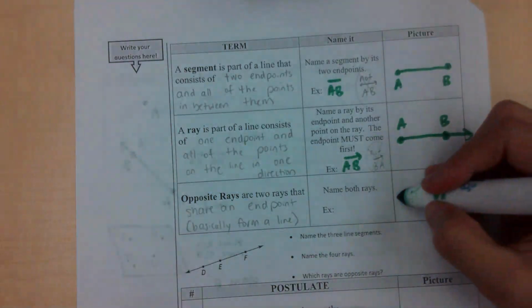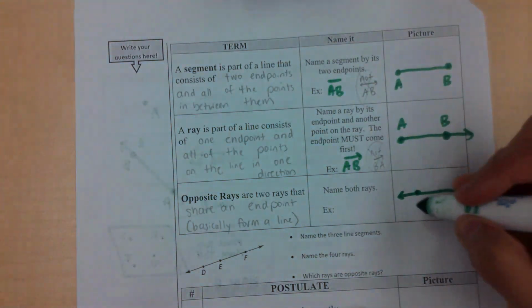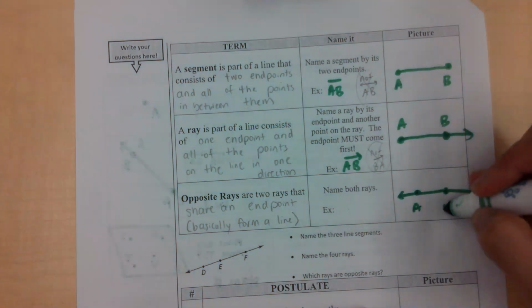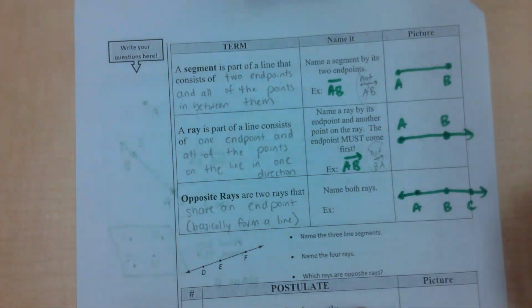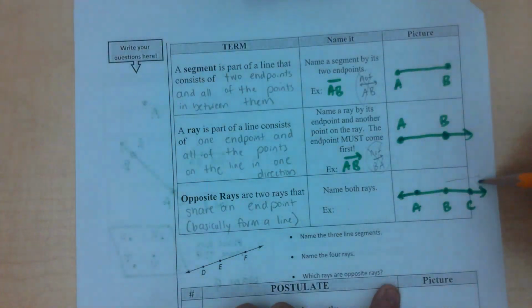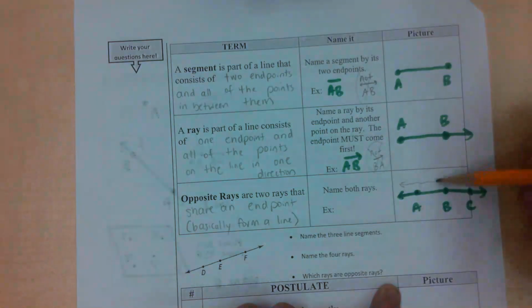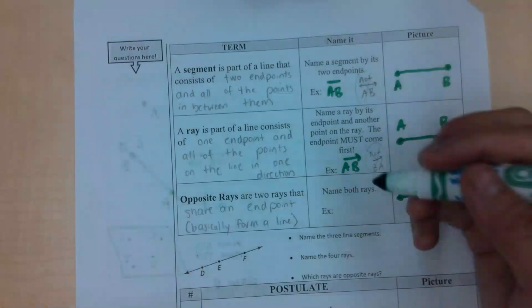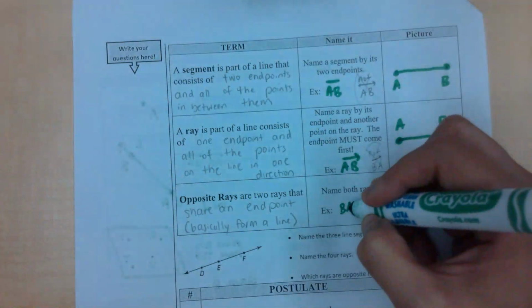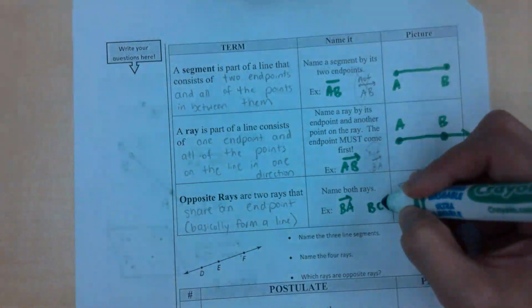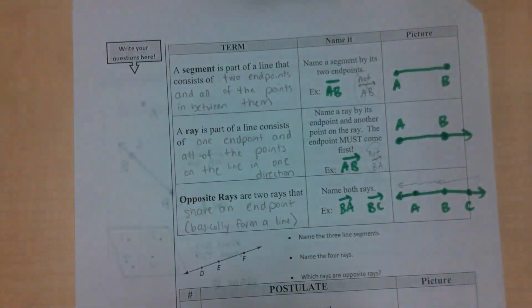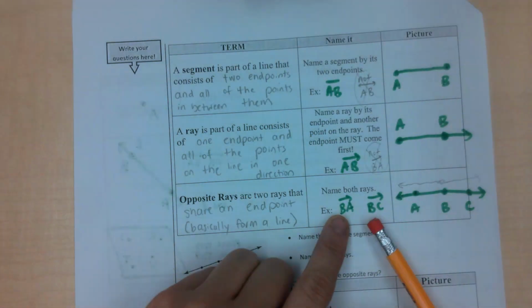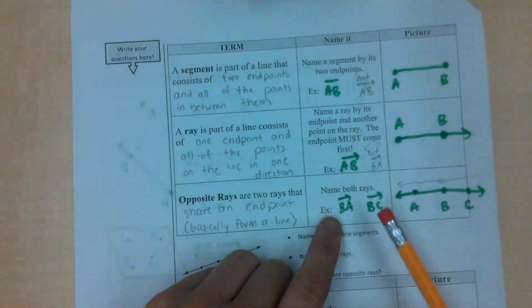So we have A, B, C. You can think of this as one ray going that way and one ray going that way, both starting from B. So if you were to name the rays, it would be BA and BC. You'd have to make sure the B goes first because the B is the endpoint. So you couldn't do CB. It had to be BA and BC.